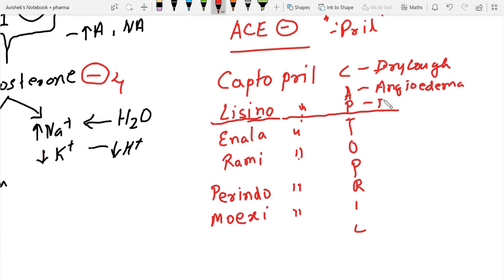These are prodrugs. And they can cause taste alteration. Those are orthostatic hypotension, can cause orthostatic hypotension.